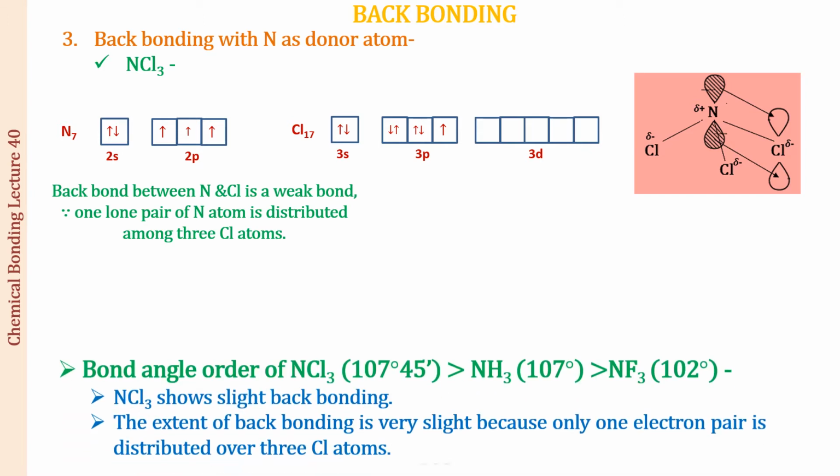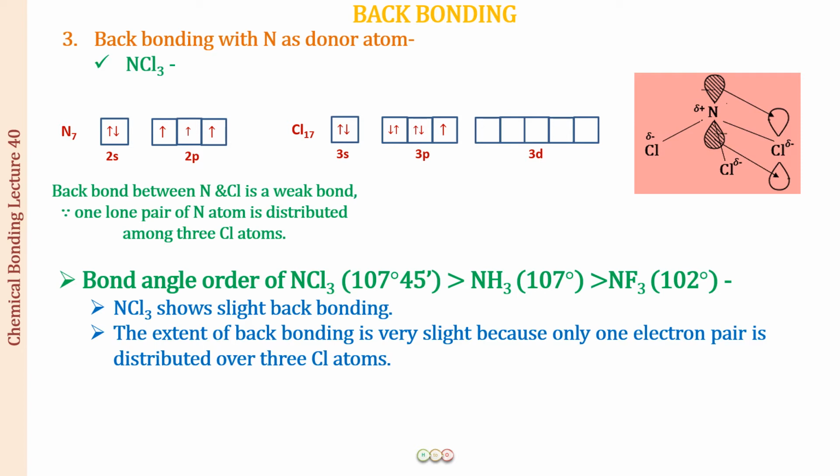All right. So now if we compare the bond angles of NCl3, NH3 and NF3, we find that the bond angle of NCl3 is 107 degrees 45 minutes, NH3 it is 107 degrees and NF3 it is 102 degrees.